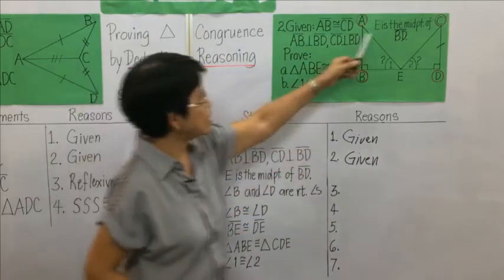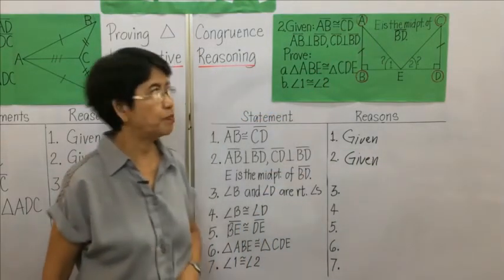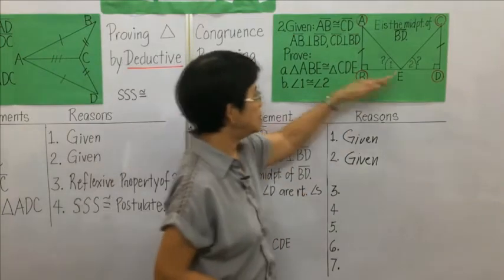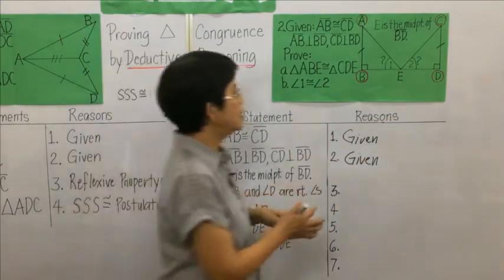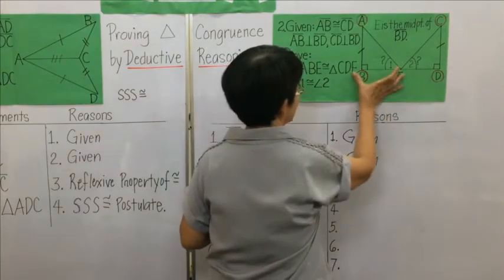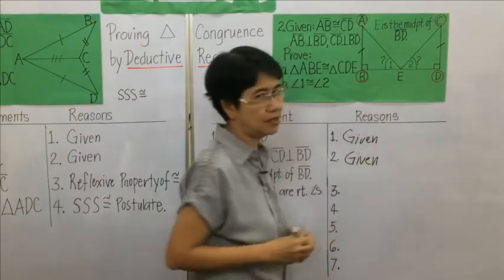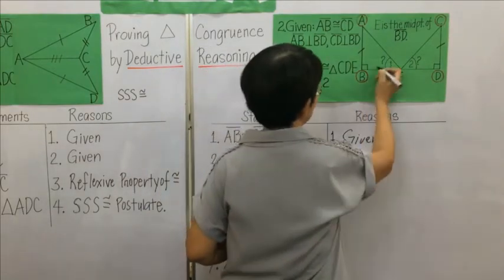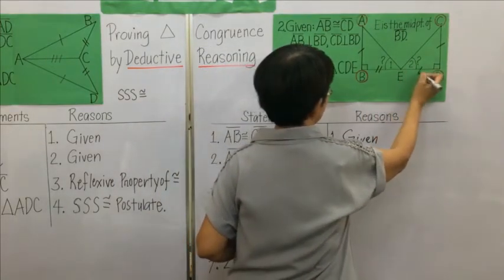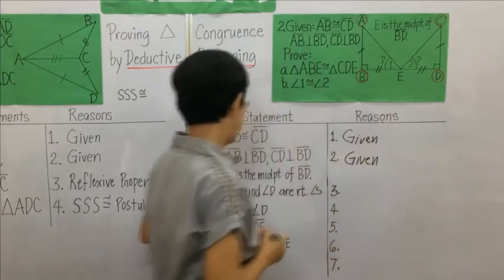It is also given that E is the midpoint of BD. So we have here a midpoint. Therefore, this line segment is divided equally into two equal parts. So we can also mark these parts as congruent.